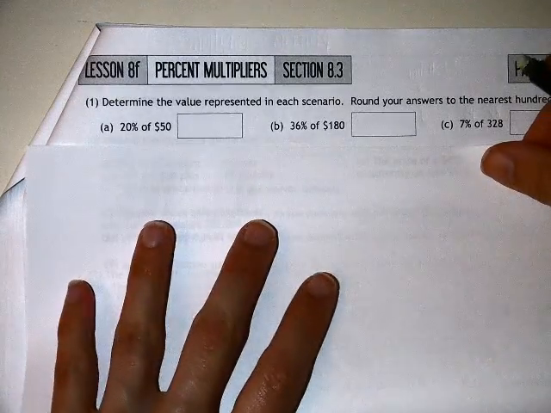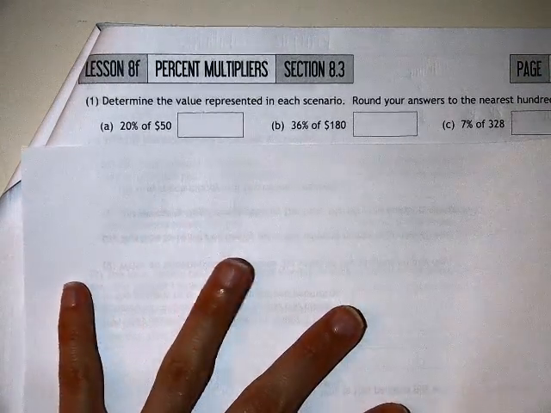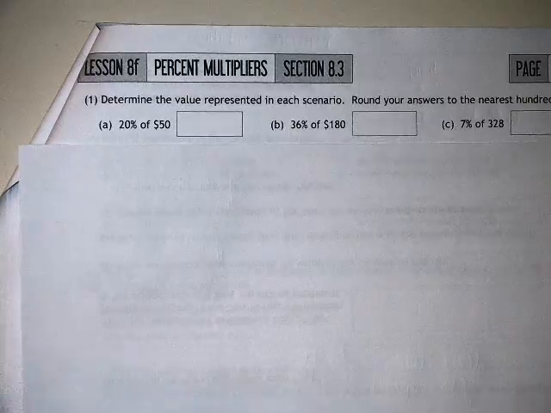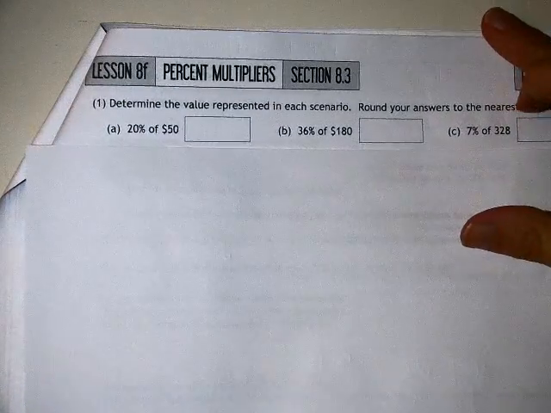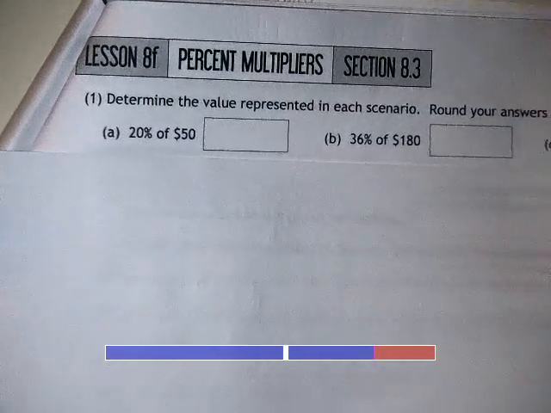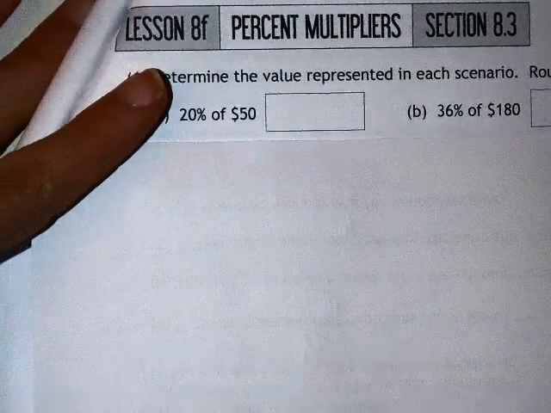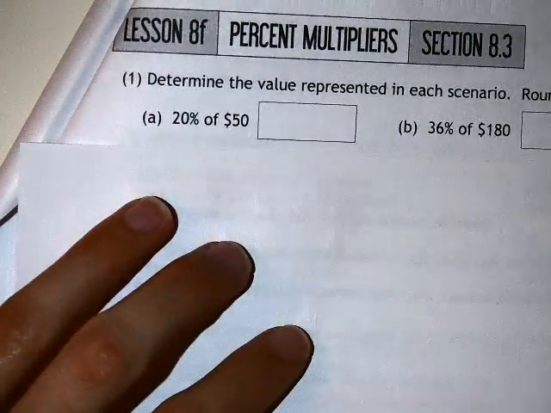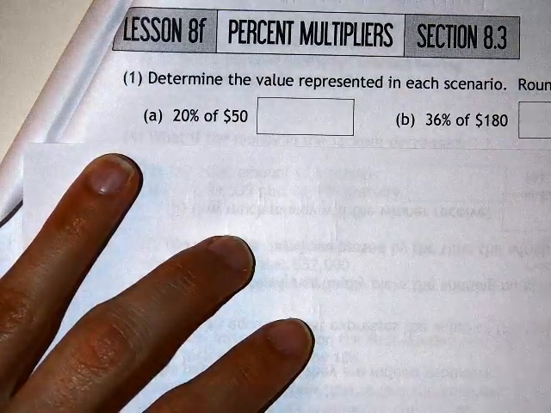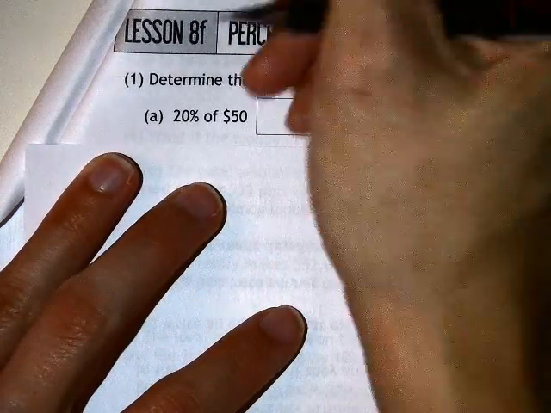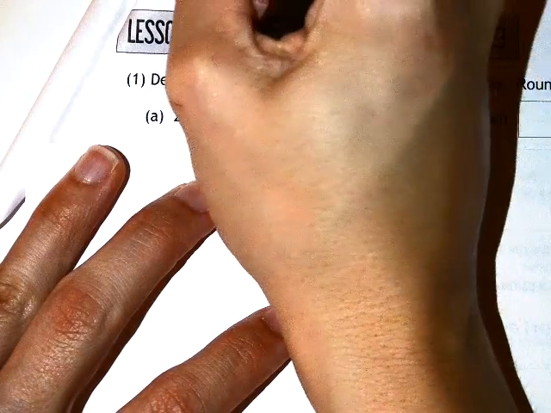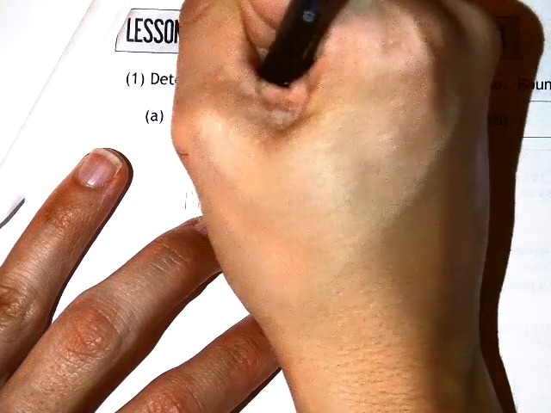I'm going to give myself a little bit of scratch space here just for a couple of quick notes, but you don't have to write these notes down if you feel like you understand percents. These are just things you might want to consider. The first thing to note is that to do a percent problem, you're really just doing a multiplication. The word "of" actually means multiply or times.